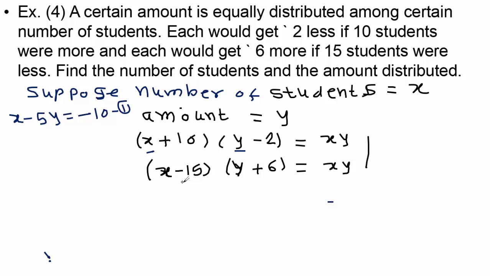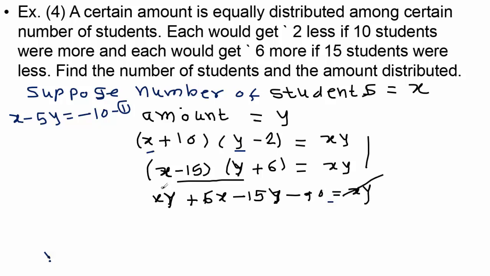Now I shall simplify this second equation. X into y is xy, plus 6x, minus 15y, minus 90, equal to xy. This xy and xy get cancelled, and I will get the equation 6x minus 15y equal to 90.